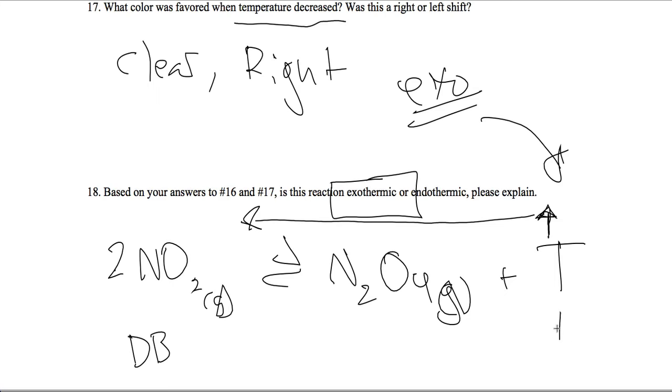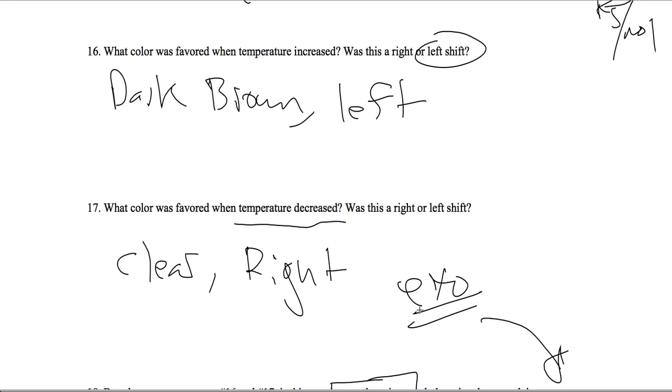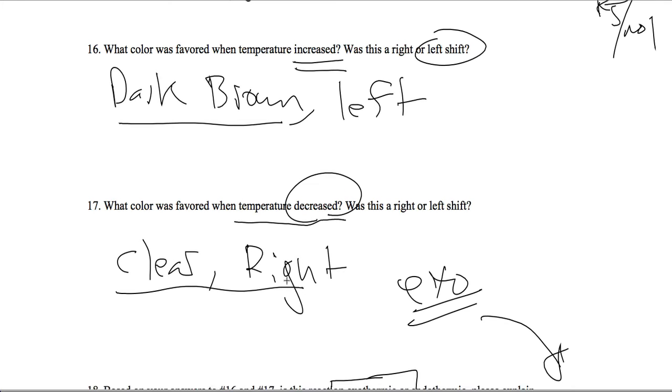If you decrease temp, it's going to shift right, down, stay, and this was the clear side. And that's exactly what was observed. When temperature was increased, dark brown occurred, and when temperature was decreased, we saw the clear.